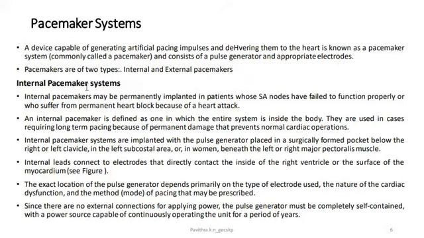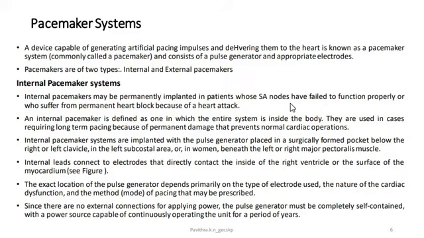So at first, what is an internal pacemaker? Internal pacemakers are those pacemakers that we permanently implant within the human body, within the patients. Such patients have SA nodes that fail to function properly or suffer from permanent heart block because of a heart attack.